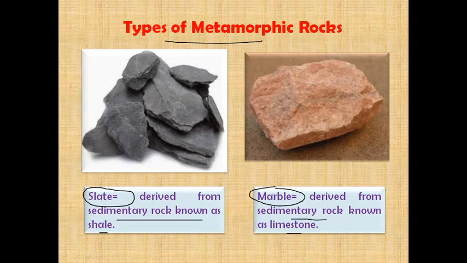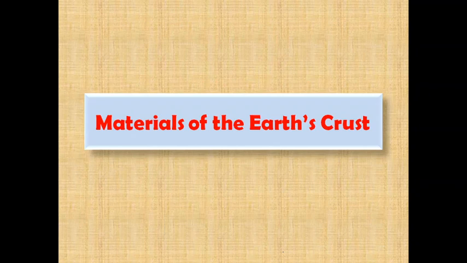All these metamorphic rocks are formed under the condition of high temperature and pressure. When high temperature and pressure is applied to sedimentary rocks like shale and limestone, then we get metamorphic rocks like slate and marble. So with this I end the second part of my video lecture.